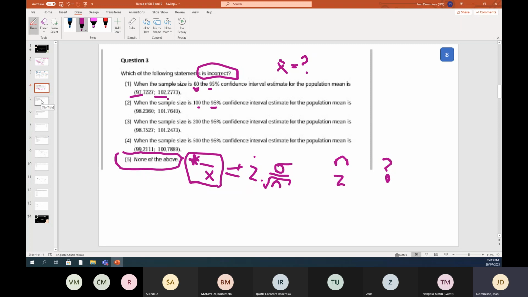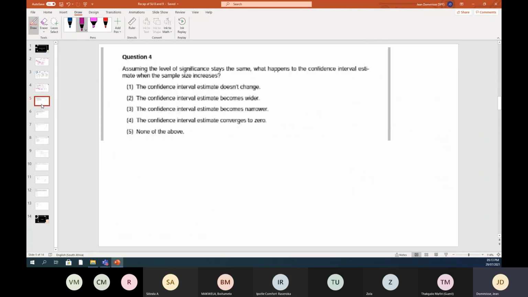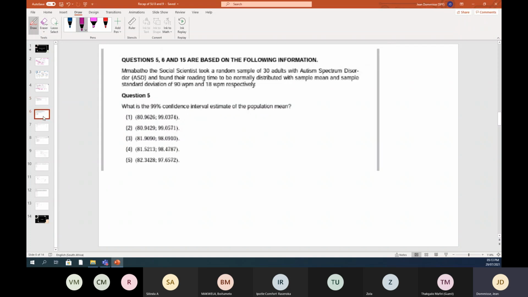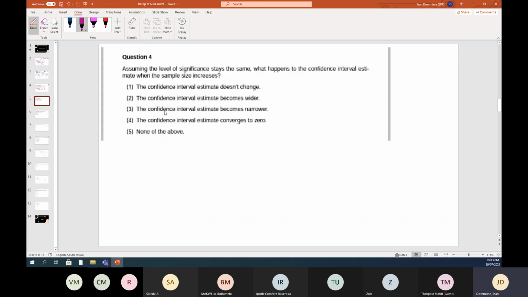So unfortunately, with this one, I would have selected none of the above. Okay, any questions on your side? Otherwise, I want to look at nearly the question 4 and 5 that have more information that we can get to the answer.